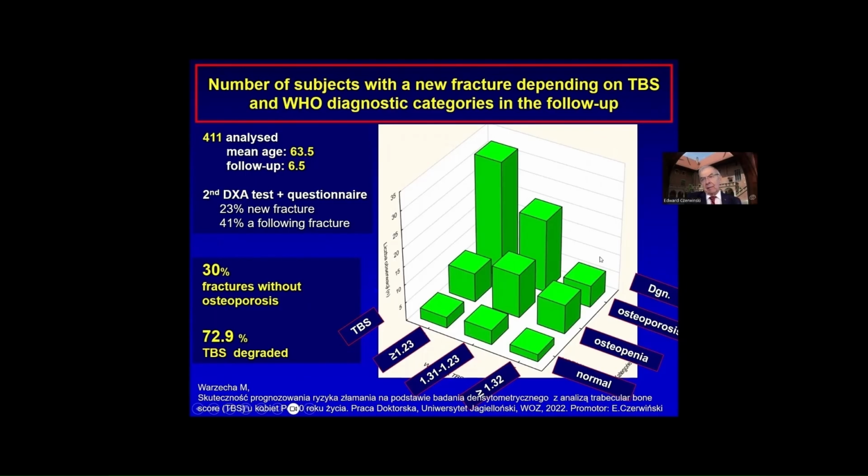And here we have the diagnosis: osteoporosis, osteopenia, and normal. And here we have the normal structure. Here is the partially degraded, and here is the degraded. And you see that the higher frequency of fracture was in the group with osteoporosis and degraded structure.